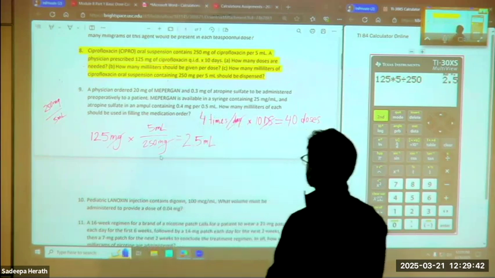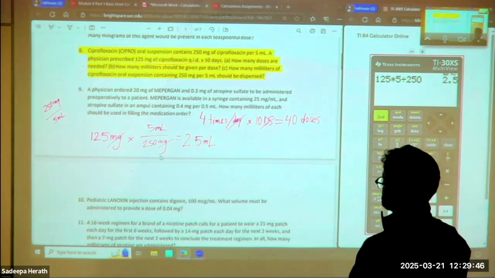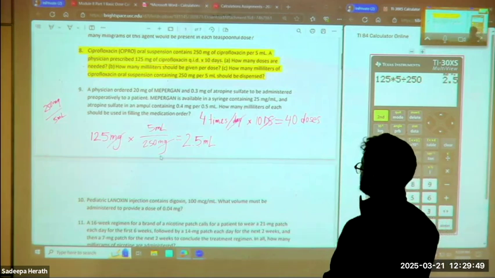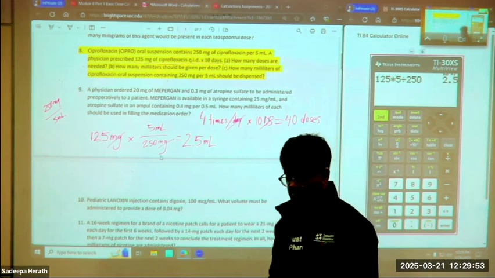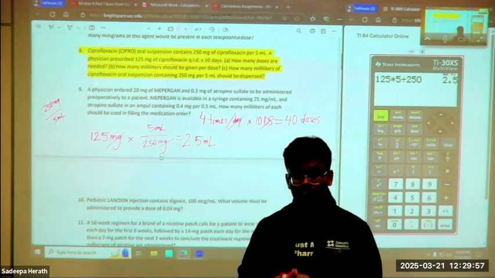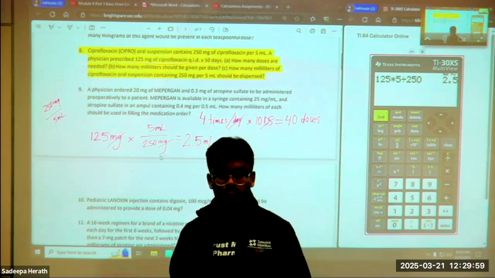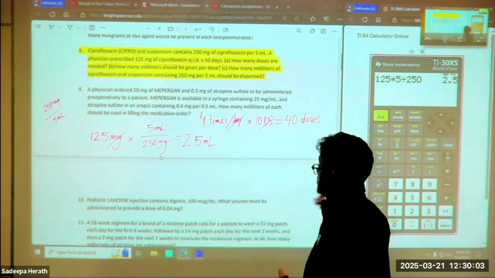Okay, and then C, how many milliliters of ciprofloxacin oral suspension containing 250 milligrams per 5 ml should be dispensed? That question is asking how much should be dispensed for the whole regimen, the total 40 doses that we calculated earlier, right?